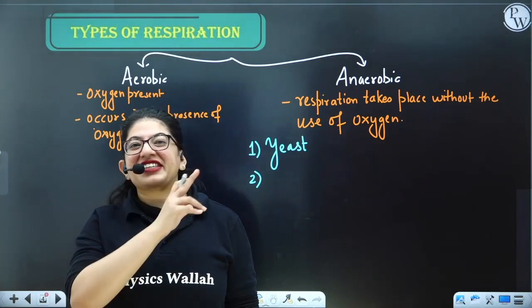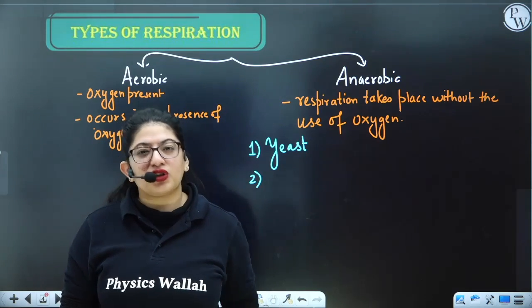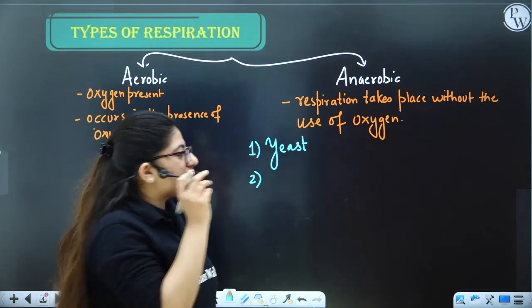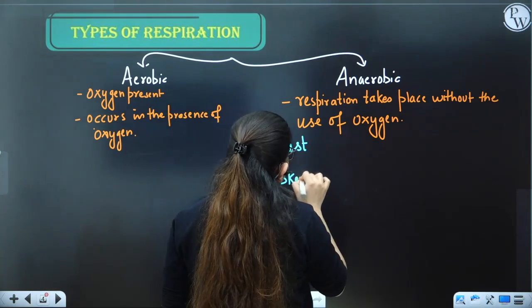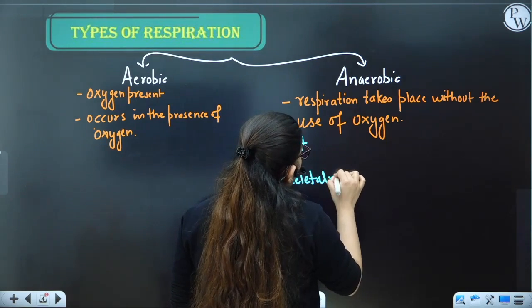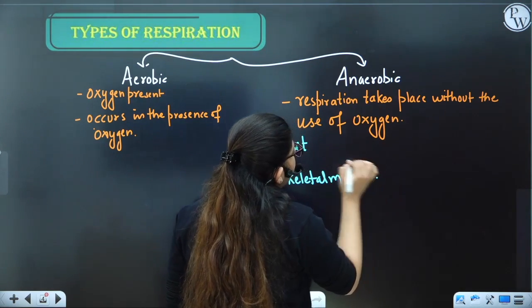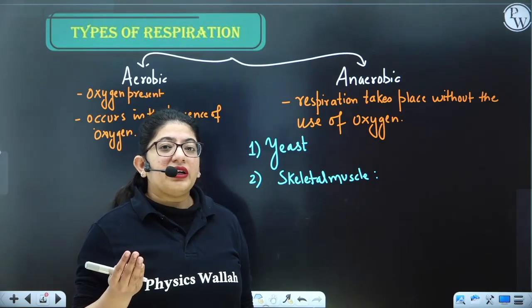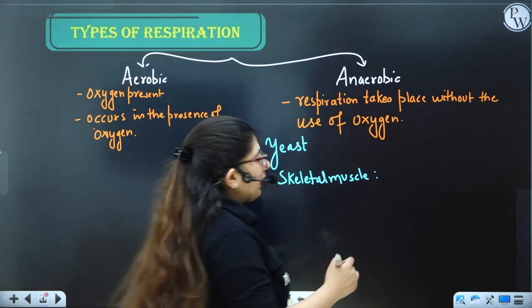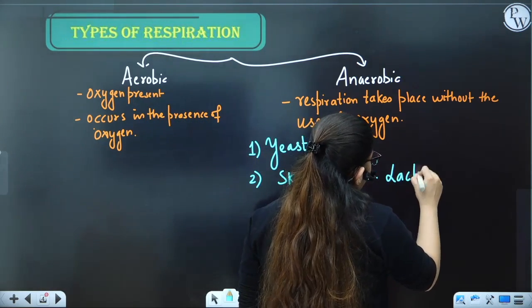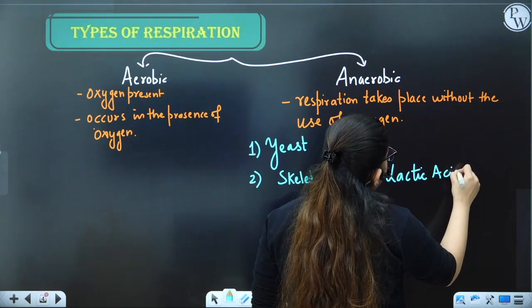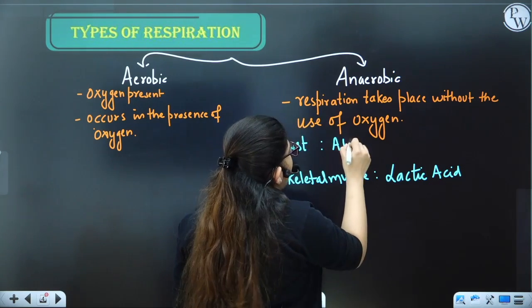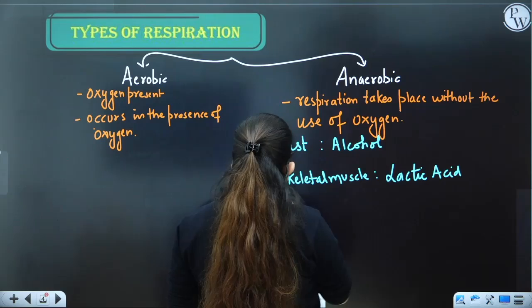We have discussed that in structural organization in animals. What was it? Your skeletal muscles. Whenever the skeletal muscle respires anaerobically, what is the product formed? Lactic acid. And this is how it gets fatigued. Whereas yeast produce alcohol as the byproduct.